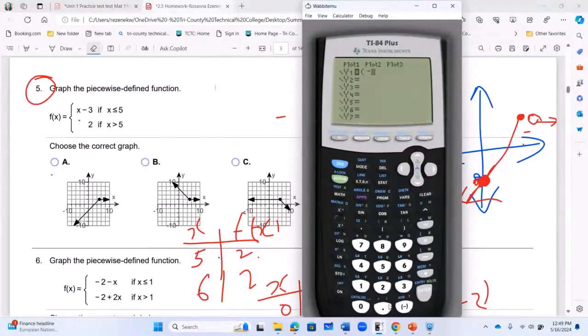So -2 minus, and this time this minus is not in parentheses, because if you put the wrong minus there, your calculator will tell you to quit. And then you choose x. Then close the parentheses. You have put in the first piece of the piecewise defined function.